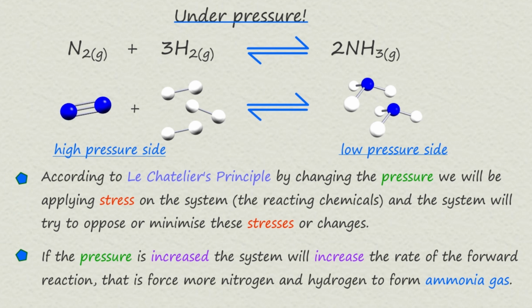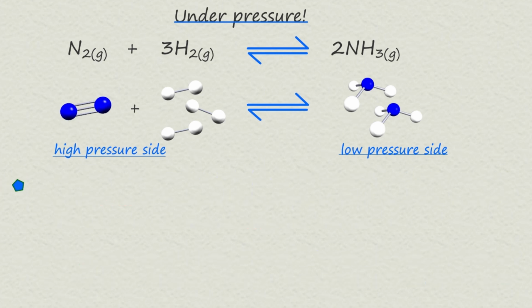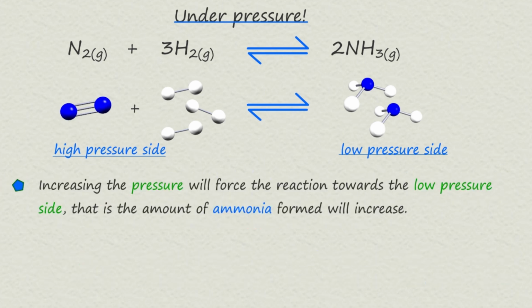Well, since there are fewer moles of gas on the product side of the reaction, that is, the low pressure side, then increasing the pressure favours the formation of ammonia. So increasing the pressure will lead to an increase in the rate of the forward reaction and a decrease in the rate of the back reaction. So overall, we can say that increasing the pressure will result in an increase in the production of ammonia.